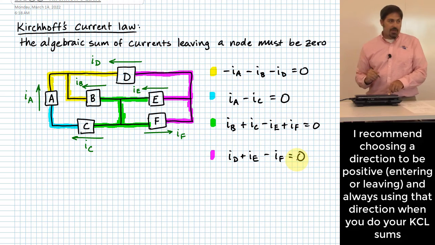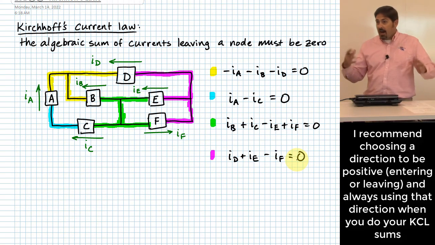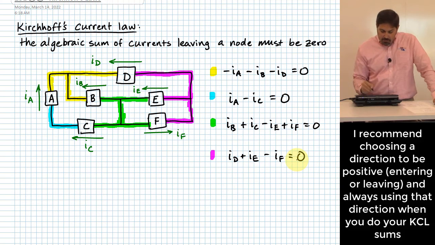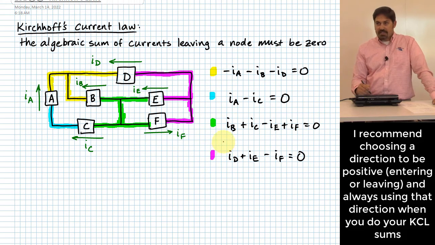Okay, let me make another couple points real quick before I leave the concept of Kirchhoff's current law. One is, you noticed here that I made all of my sign conventions for all four of these sums leaving. Did I do that because it was required, or to try to not confuse myself?